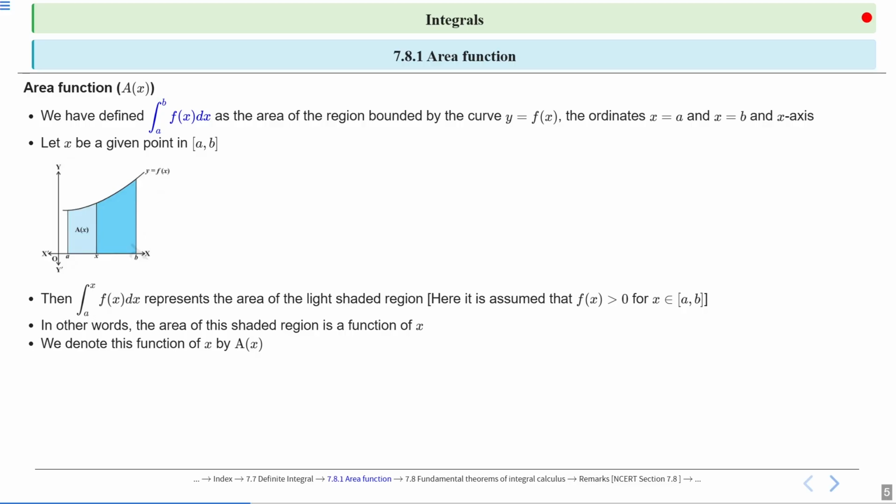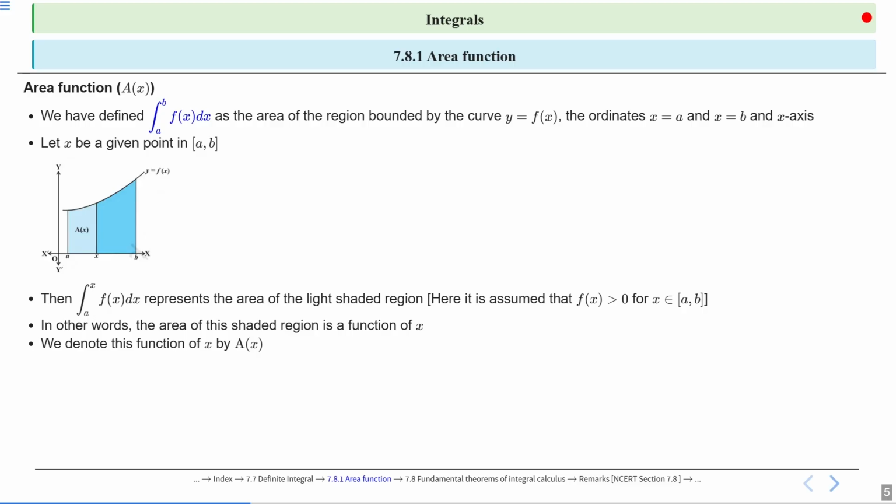We can see in the light shaded region, that is the area from a to x, bounded by the line x is equal to a, parallel to the y axis, the second line x is equal to x, and the curve from a to x.